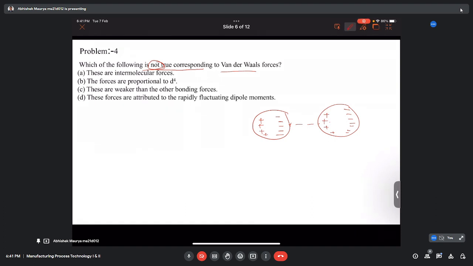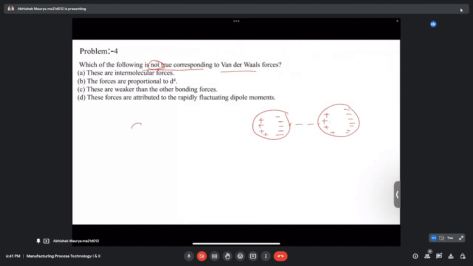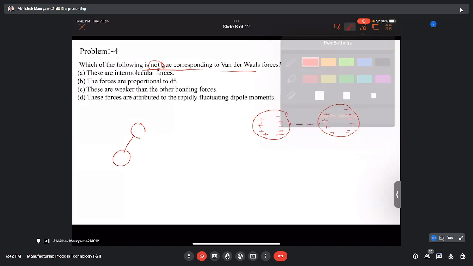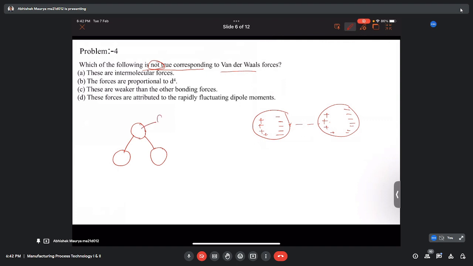So if we see an example, like we have an H2O molecule. H2O is made up of three atoms. This is the oxygen atom, and this is the hydrogen atom, and this is the hydrogen atom.